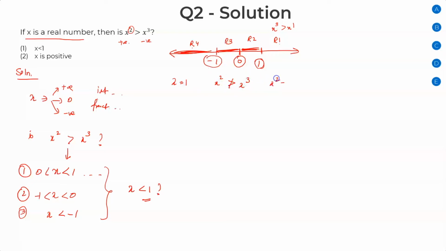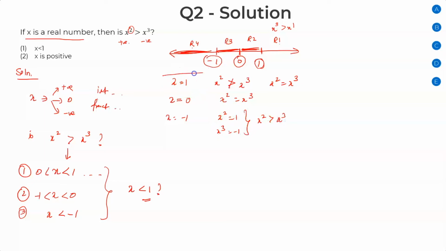They're basically equal. If x turns out to be 0, then also x square is equal to x cube. If x equal to -1, then there's no problem, obviously, because x square would be 1, x cube would be -1. So in this case I can say x square is greater than x cube.